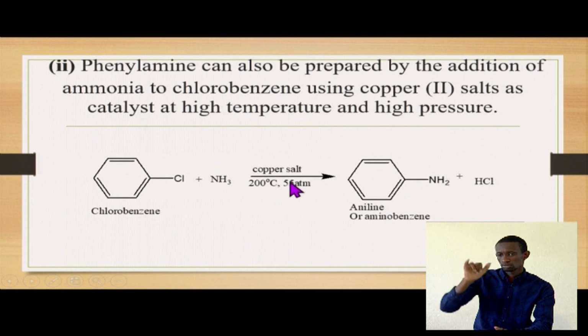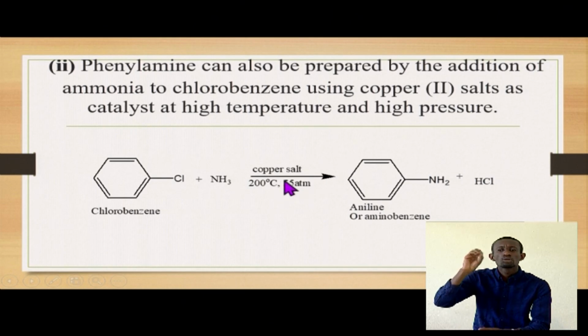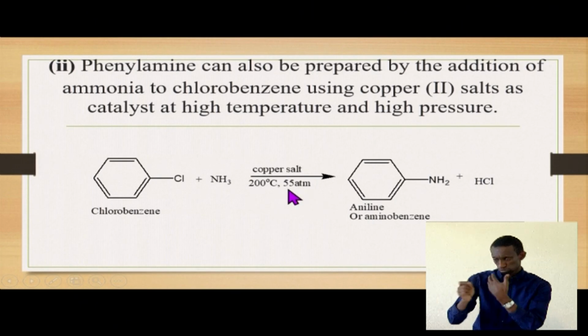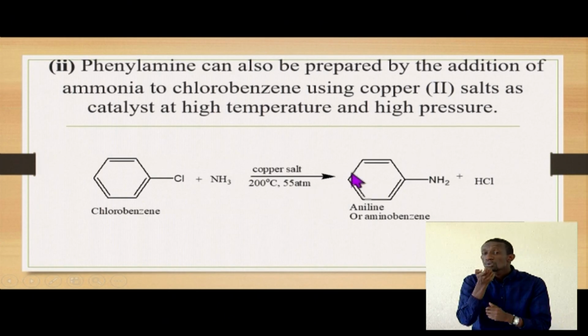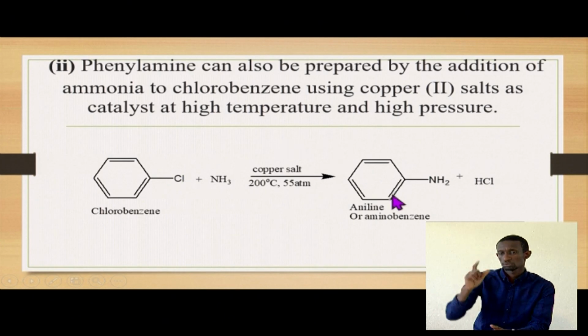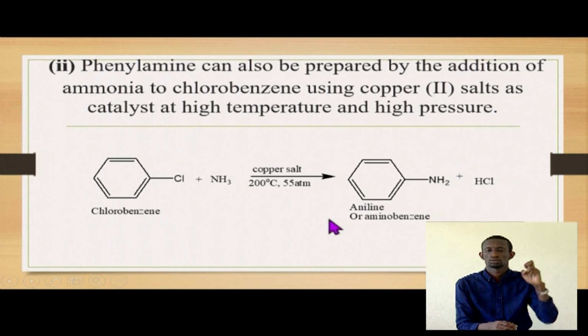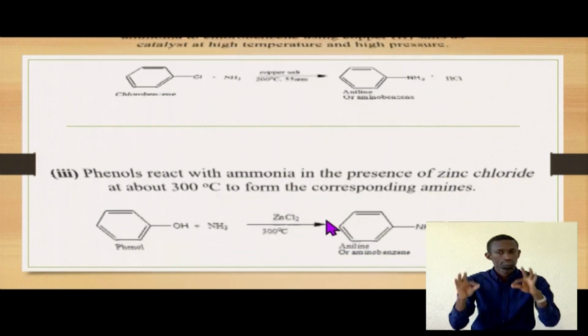So the salt of copper could be copper 2 sulfate, copper 2 chloride, copper 2 nitrate, or any other salt. Take note of the conditions, the temperature and the pressure. Then the chlorine will be substituted with an amine group. So that is another important reaction.